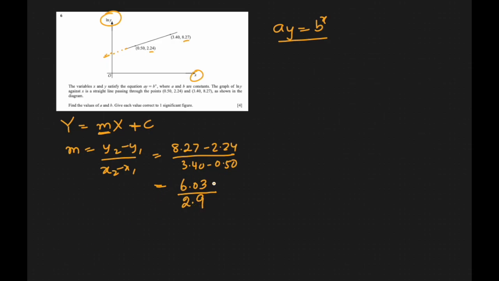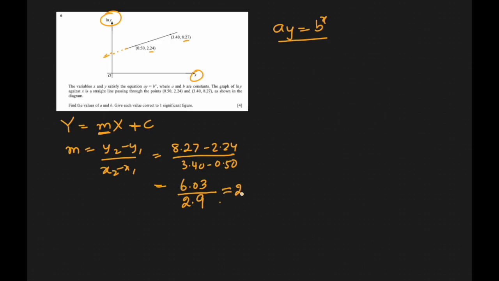Okay, so let me see what 6.03 divided by 2.9 gives me: 2.079. For the time being I will do that.